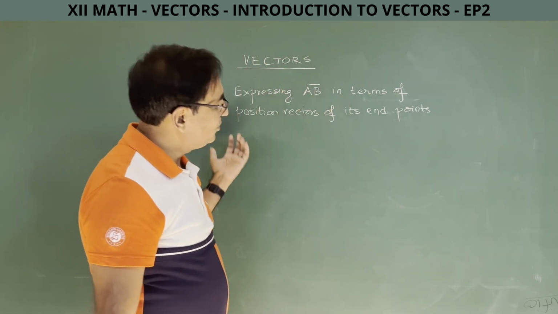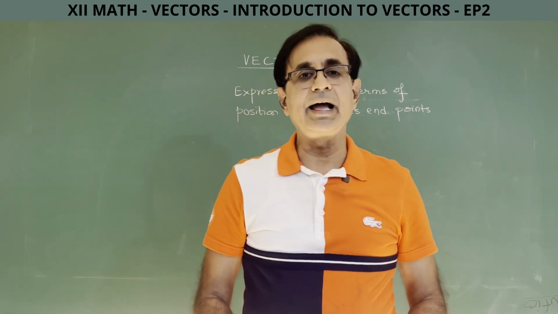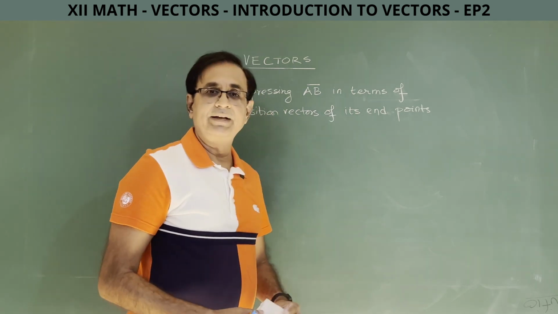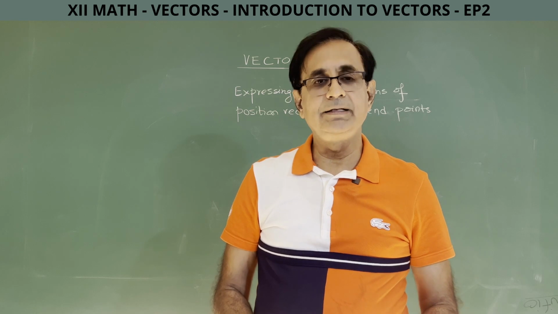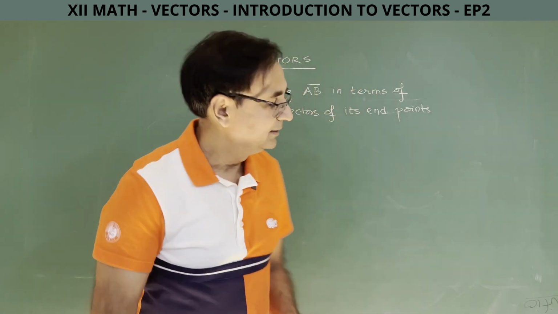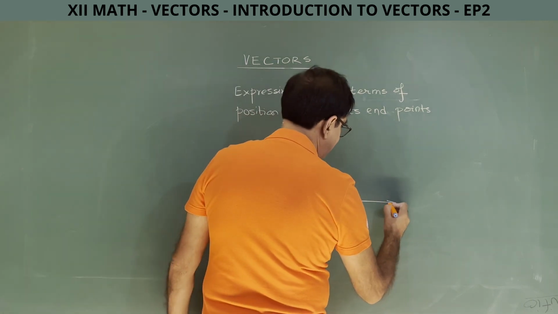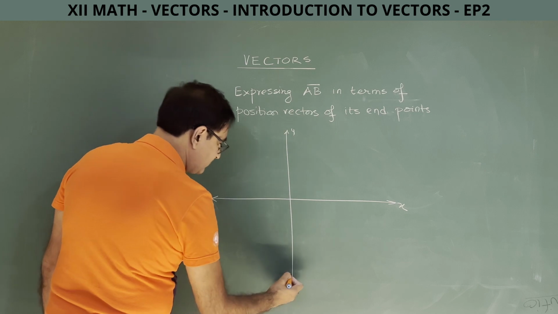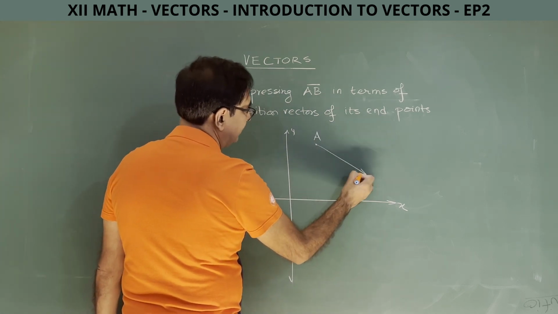I could have skipped all these parts and straight away given you formulas in terms of unit vectors i, j and k, but it is good to understand the geometrical concept of vectors before we dive into the algebraic portion. Now, I am drawing the x axis, I am not drawing the z axis, just to make things simple for you. This is vector AB, I just do this diagram.